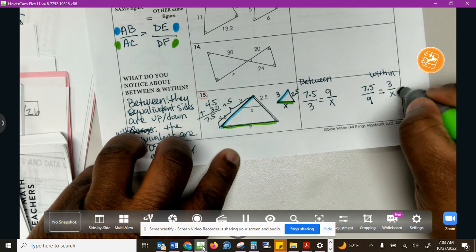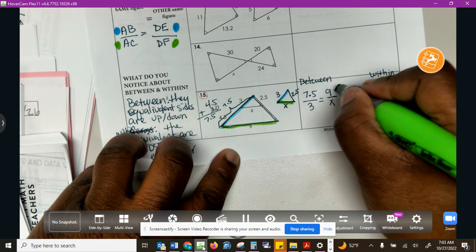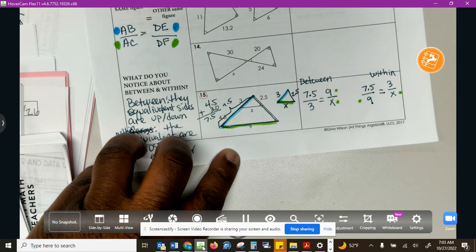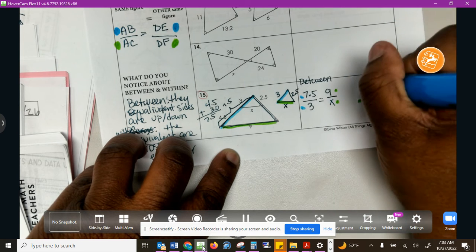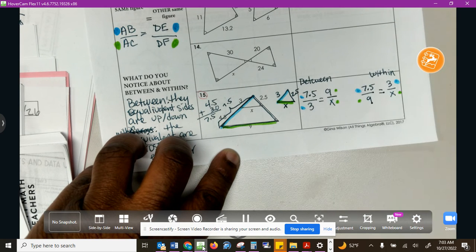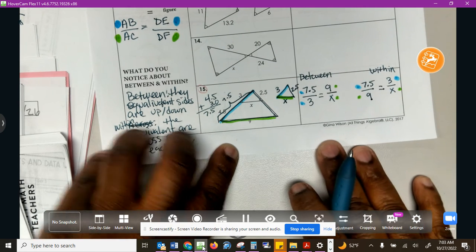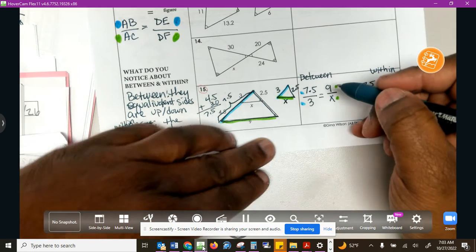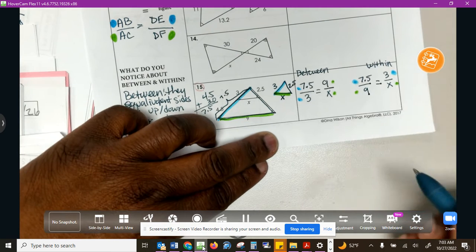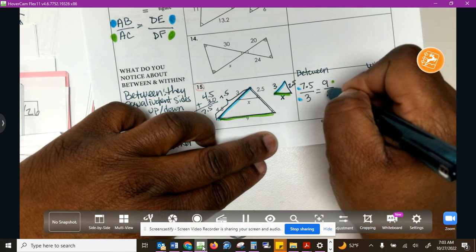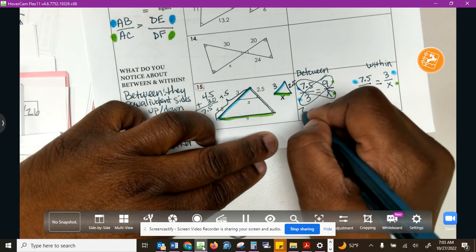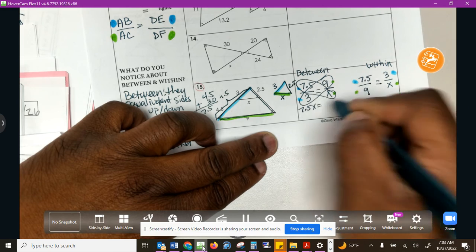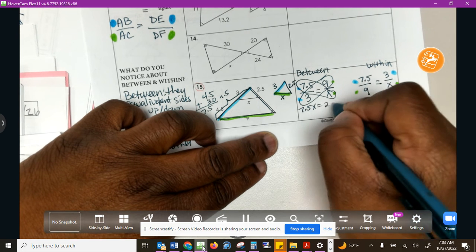And x is green, 9 is green, and these are blue. I'm doing this so that you can know exactly where I got it from if you want to come back and look at that. And now I would just solve it. That's 7.5x is equal to 27.